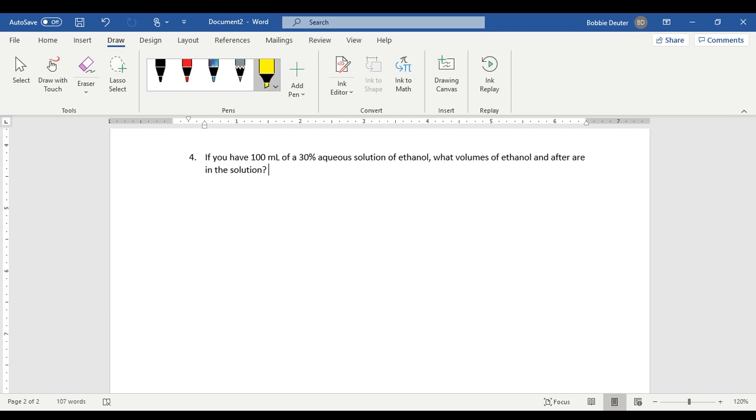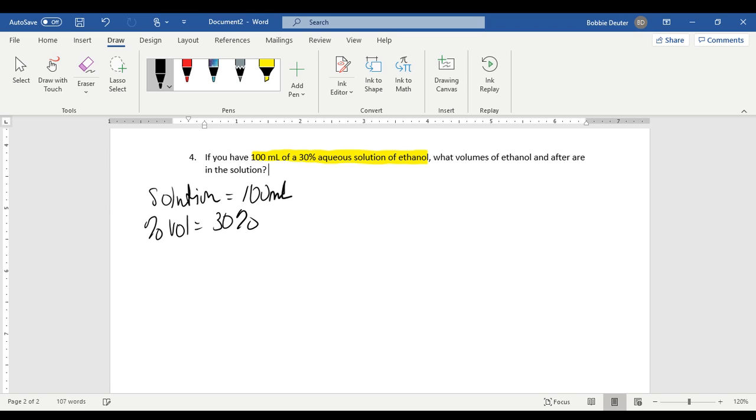So let's do another one. If we have 100 milliliters of a 30% aqueous solution of ethanol, what is the volume of ethanol and the volume of water within that solution? So we know a couple things. One of the things we know is solution is equal to 100 milliliters, and our percent volume is equal to 30%.